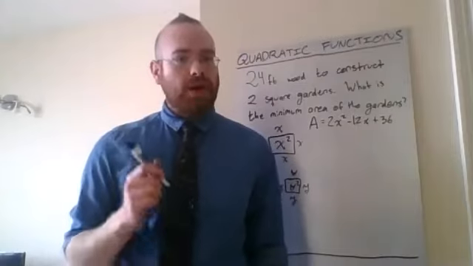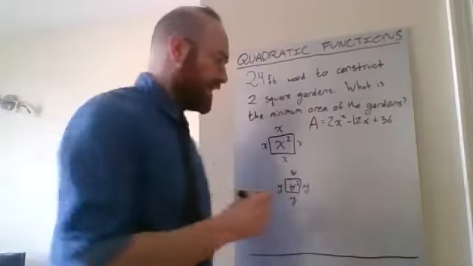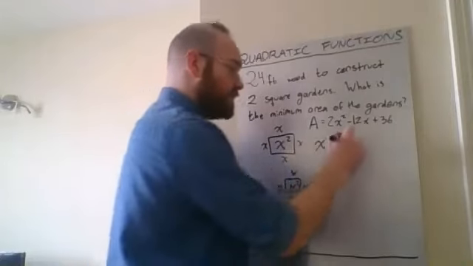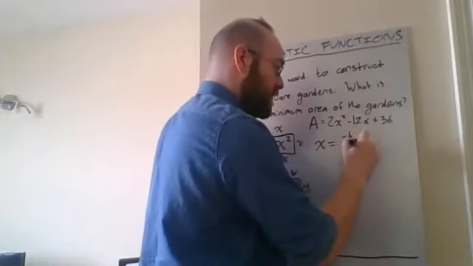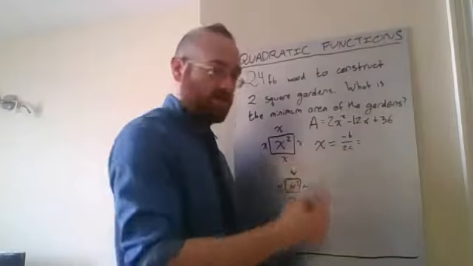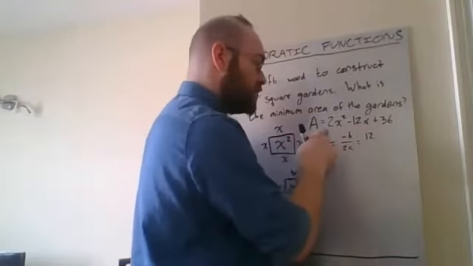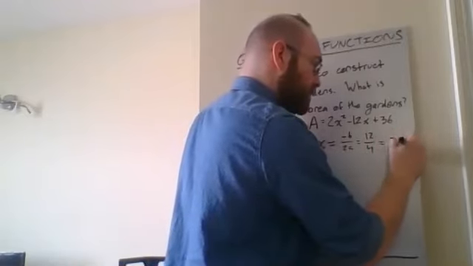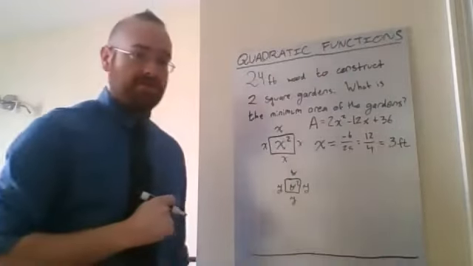And we can use our minus b over 2a trick to do that. So x is going to be negative b over 2a. So negative negative 12 is positive 12. And 2 times 2 is 4. So x is going to be 3 feet.